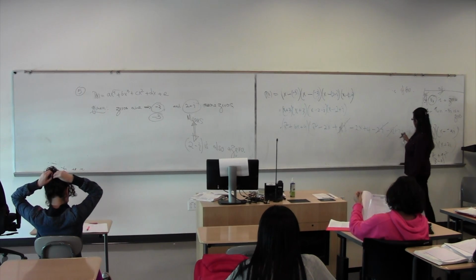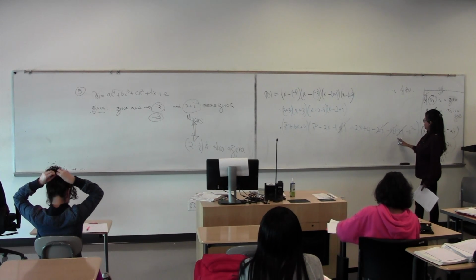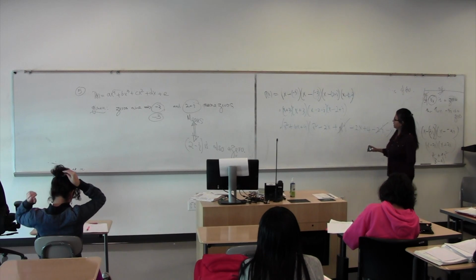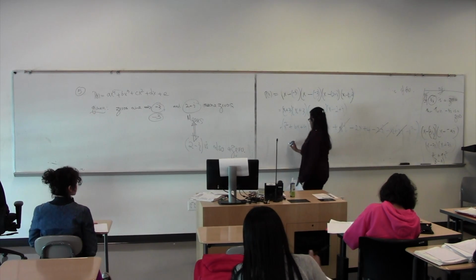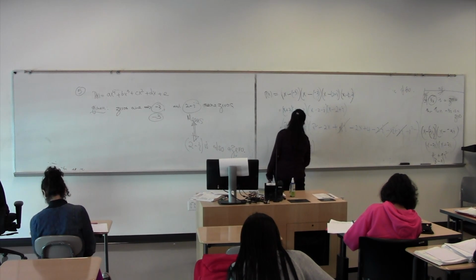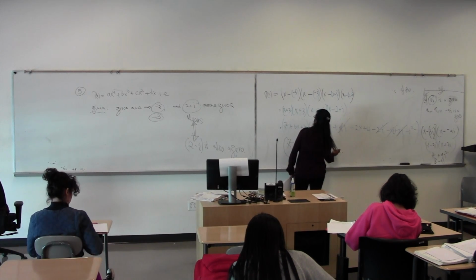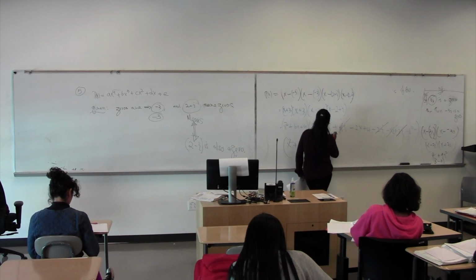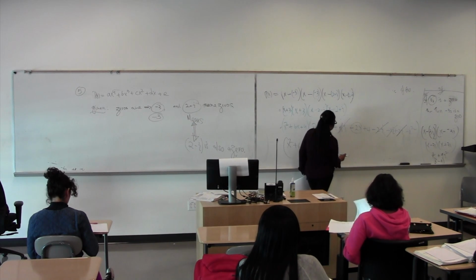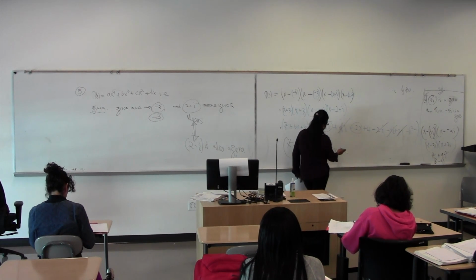Yeah, positive 2i, this gets cancelled. Right? So what is remaining here? x squared plus 6x plus 9, this whole thing times x squared minus 4x plus 5. Minus 4x, this and this combined, plus 5. That's positive 1, so plus 5, very good.